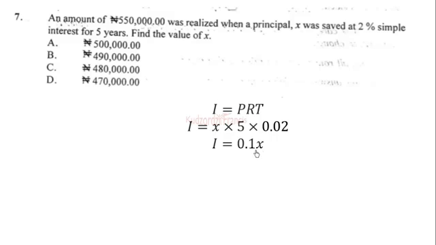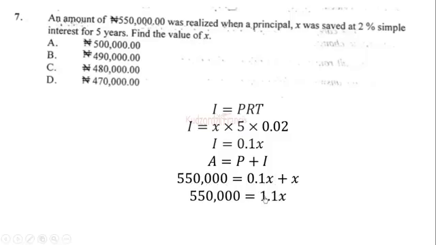Now what do we do next? The amount is given by interest plus the principal, so that will give us this equation. So we substitute the amount, which is 550,000 naira. Then the interest is this and the principal is this, and that will give us 1.1x equal 550,000 naira.